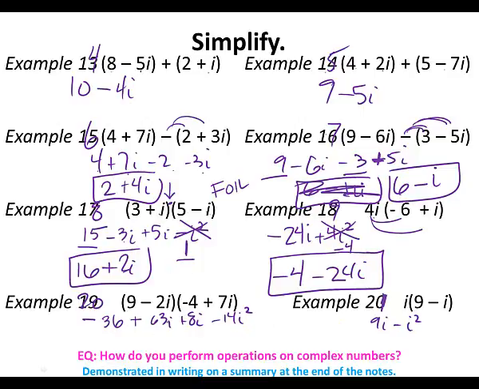Did I do that first line right? Double check my arithmetic. It's not good sometimes. All right. What is this better known as at the back here? 14. Negative 36 and positive 14 is? Negative 22. All right. 63 and 8 is? 71. 71i.